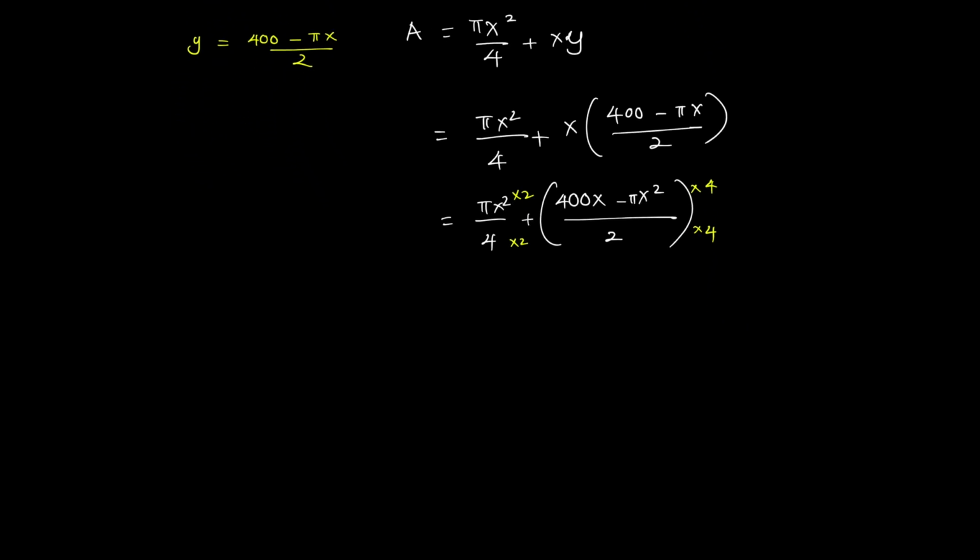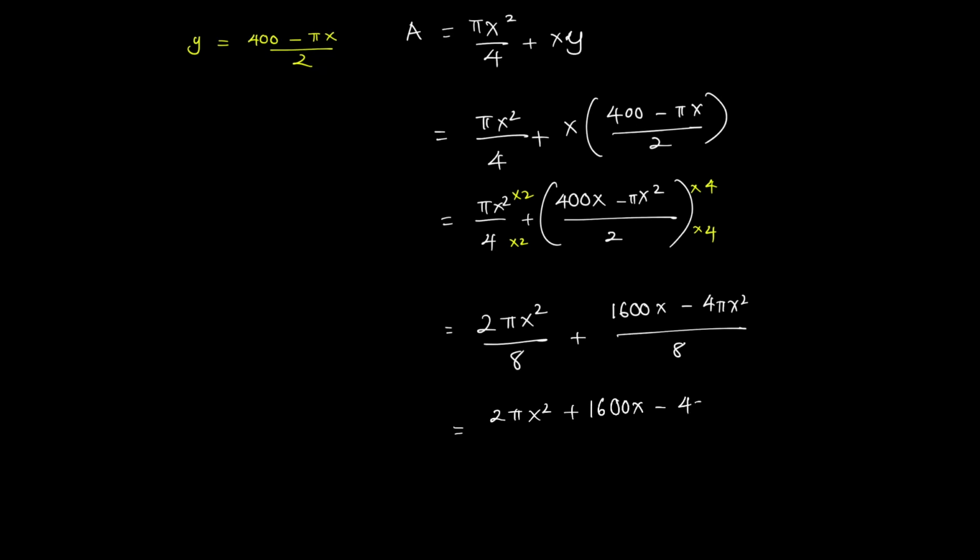So what you're going to get now is 2 pi x squared divided by 8 plus 1600x minus 4 pi x squared divided by 8. Since we now have the same denominator, we can combine them. So we will write it as 2 pi x squared plus 1600x minus 4 pi x squared, divided by 8.